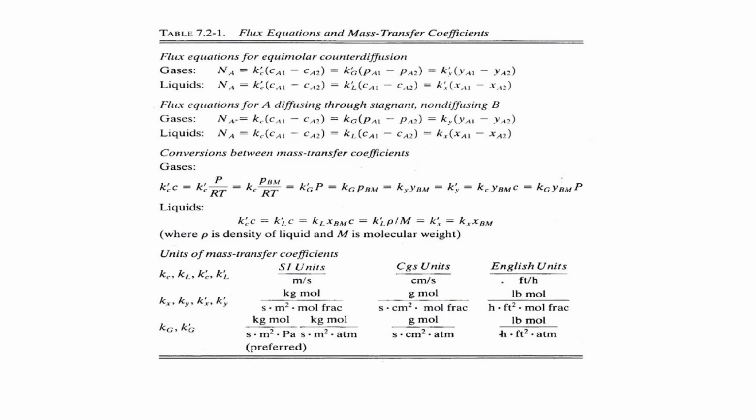This is basically to remind you of converting small kl into kx. Small kl, which is obtained using the correlations which we learned at the beginning of chapter 4, to small kx using xpm, and then we can go ahead and calculate the overall mass transfer coefficient.